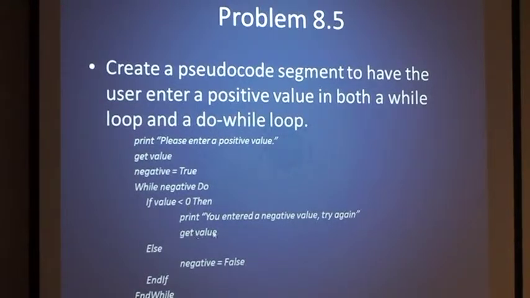If it is, you got to read the value again, right? Because they made a mistake in entering another negative value. Otherwise, they have entered a positive value, so you set negative to false, and therefore the loop will stop. Okay? Because that will be tested after the end while.